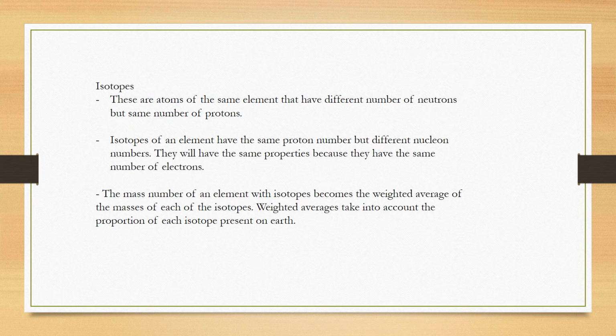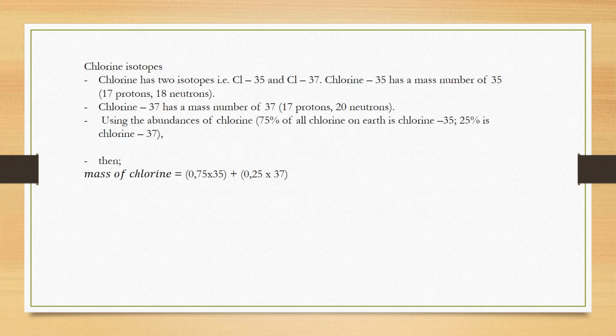These isotopes will always have the same chemical properties, and this is because they have the same number of protons, which is the same number of electrons. The mass number of an element with isotopes becomes the weighted average of the masses of each of the isotopes. Let's have a look at the following examples.